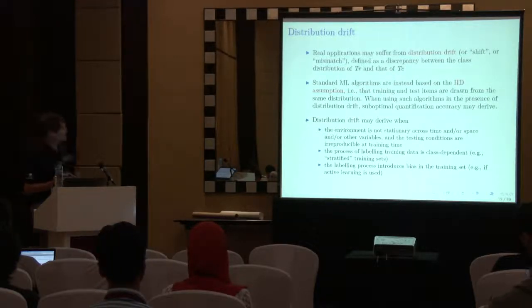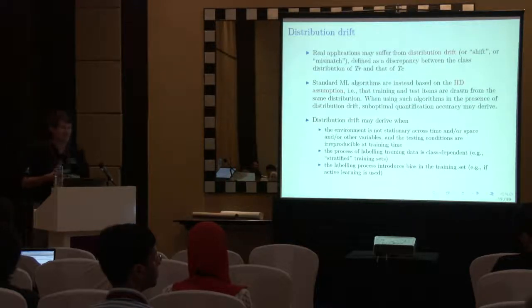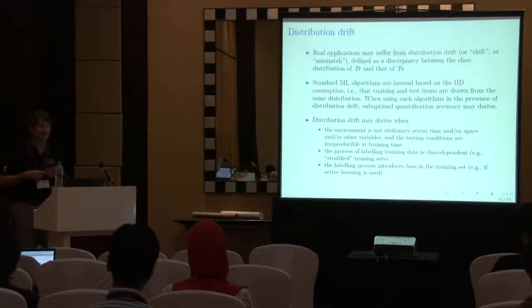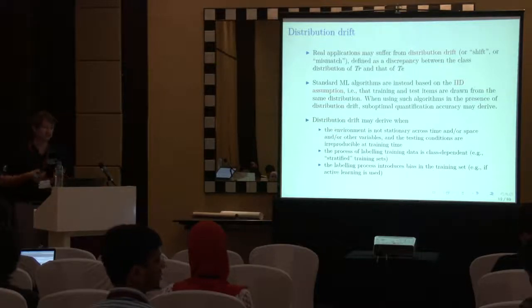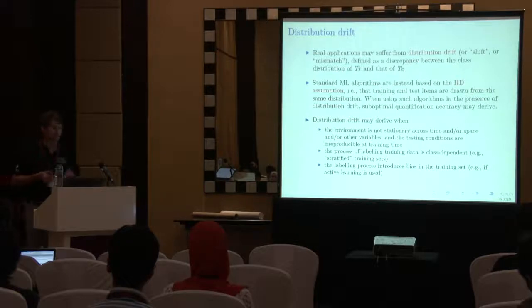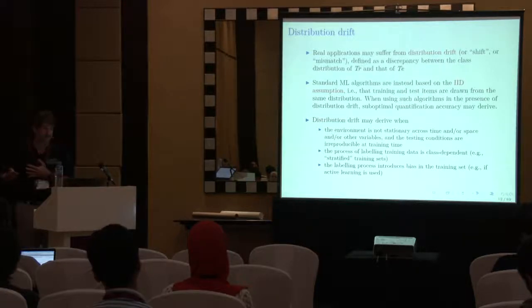And the third reason is that the labeling process may introduce bias in the training set. Suppose we use active learning in order to increase the training set. Active learning tends to identify items which are highly useful in the training process. It's typically the case that active learning would come up with examples that tend to be in the positive class rather than in the negative class.